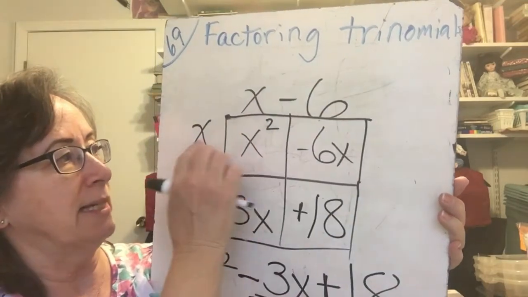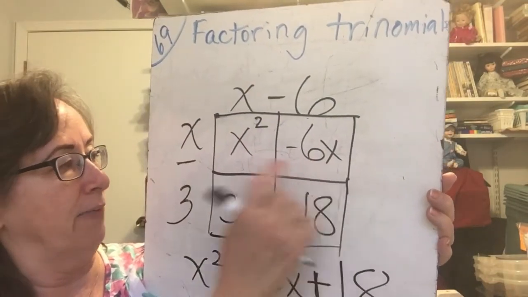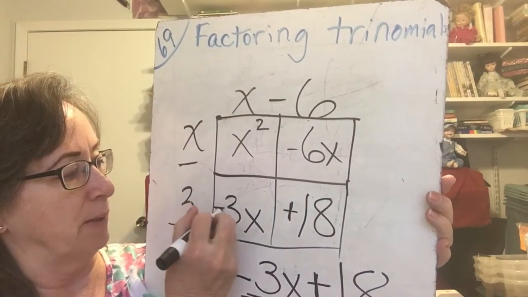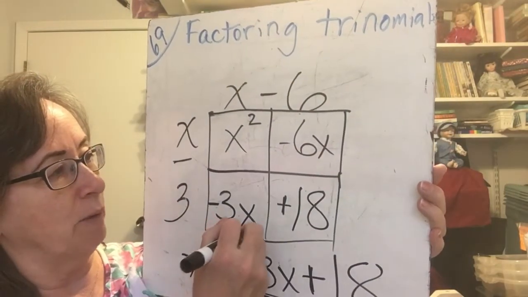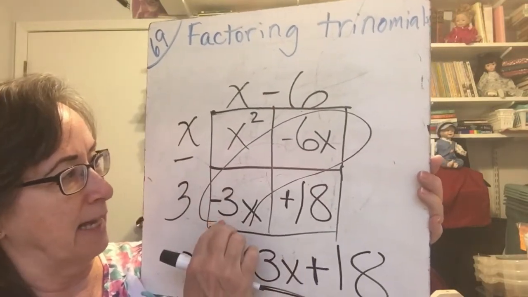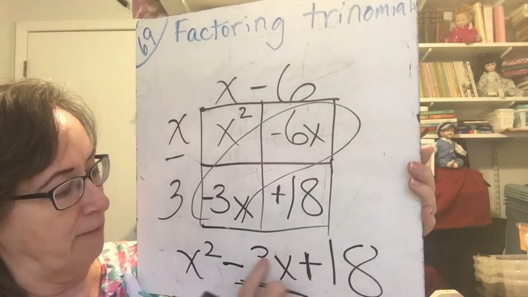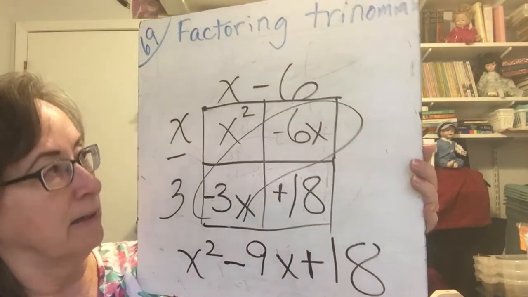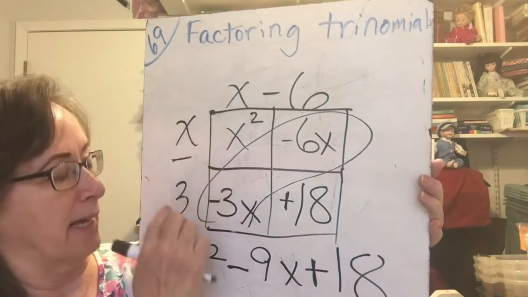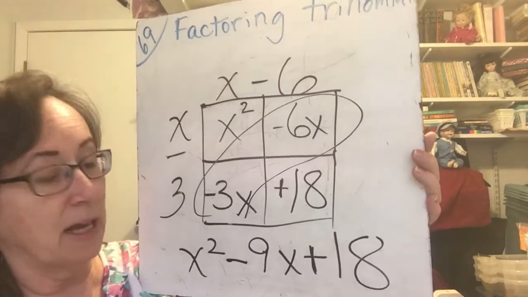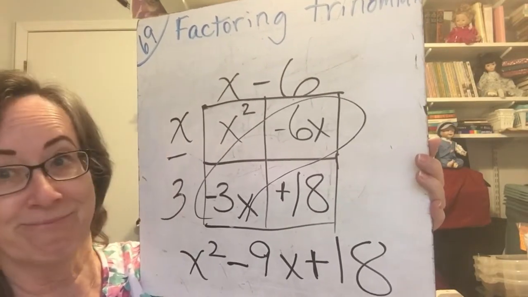A negative 6 times an x is still there, and then a negative 3 times an x would make this one a negative 3. So now when we add these two like terms together, negative 6 and negative 3 is negative 9, and x minus 6 times x minus 3 is x squared minus 9x plus 18.